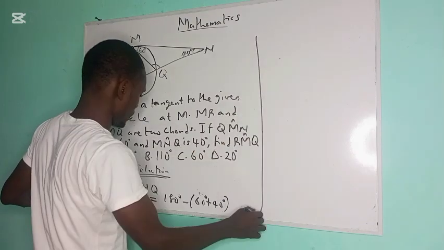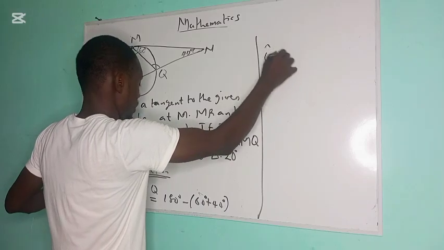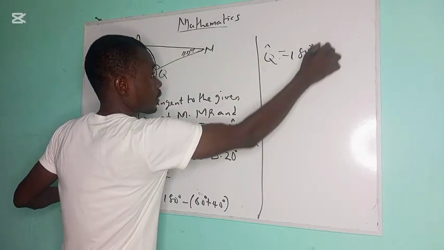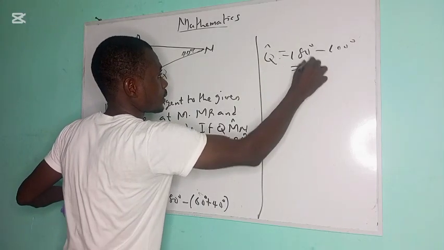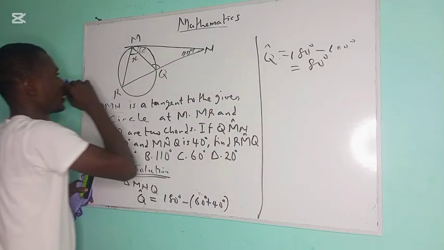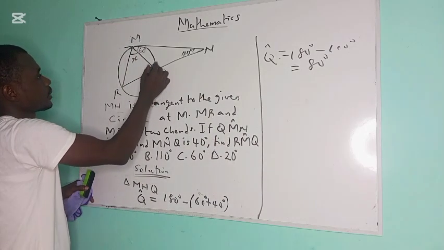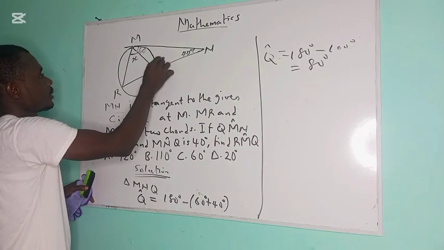So that will give us 180 degrees minus 100 degrees, so that is 80 degrees. So that means this angle is 80 degrees.